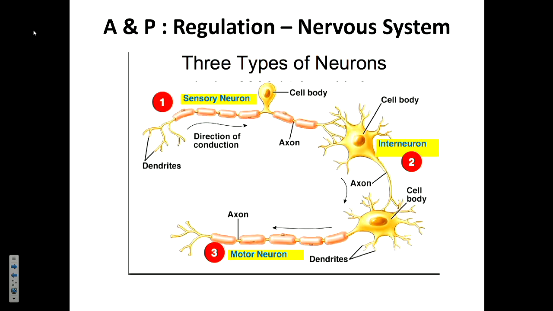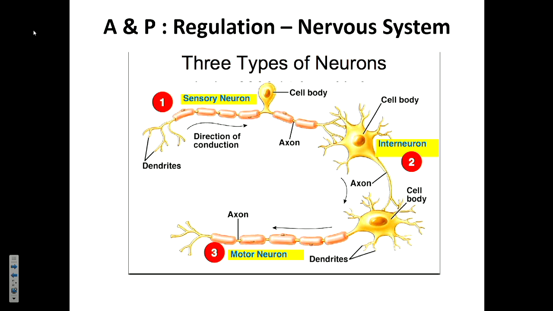And you can kind of see from this figure the connection between the three. So the message coming from number one, from the dendrites, traveling down the axon into the cell body, eventually ending up at the axon terminals of that sensory neuron, connected to an interneuron. That interneuron, the signal is sent down.